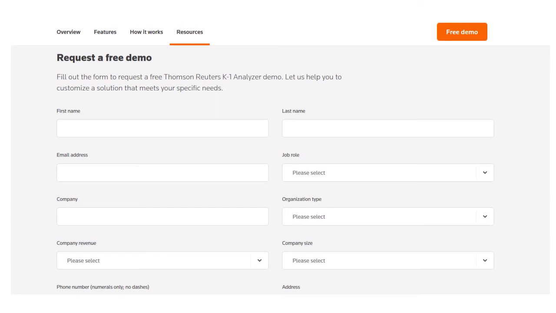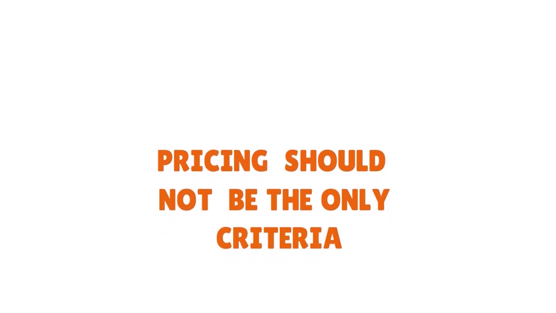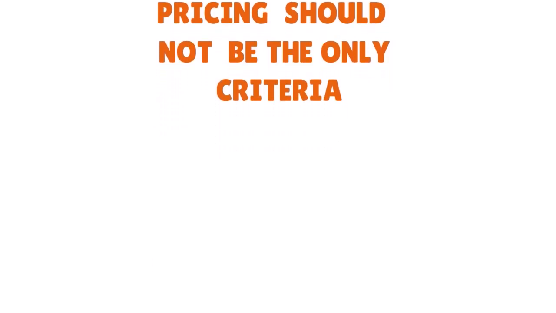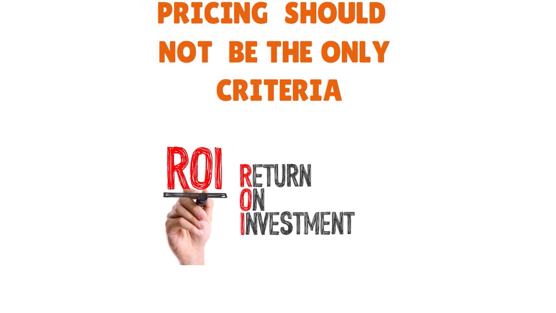It's very important to understand that if you're interested in the K1 Analyzer, pricing should not be the only criterion. In other words, cost for value should not be the only criterion, because you have to think about your ROI here.